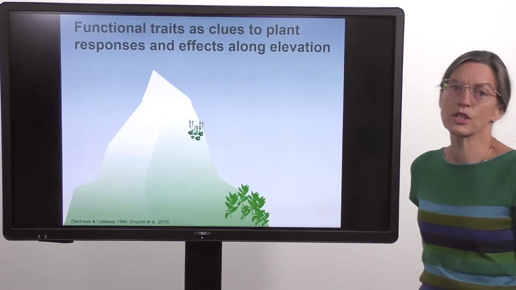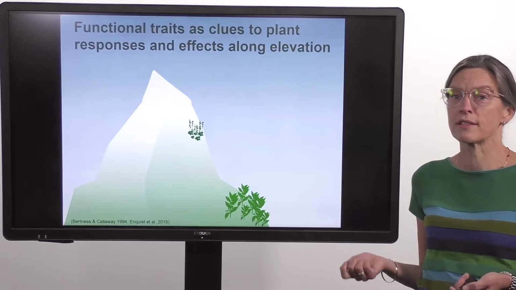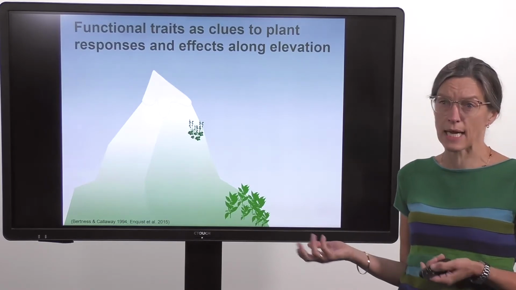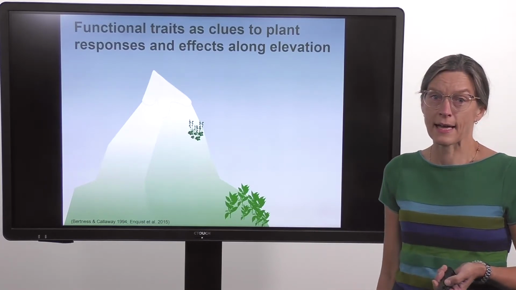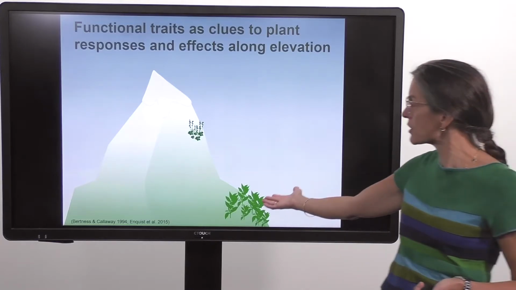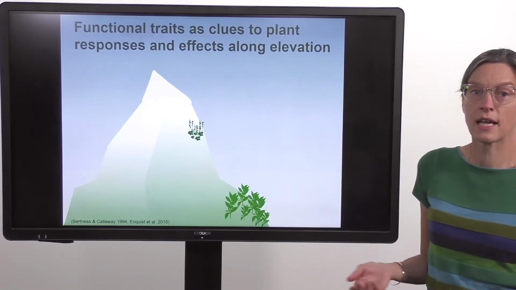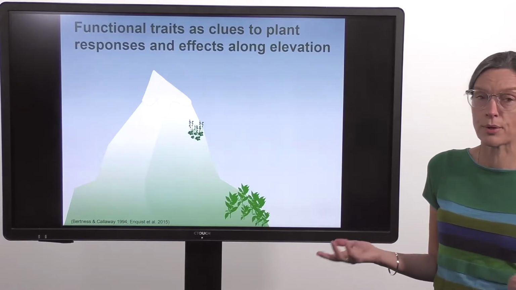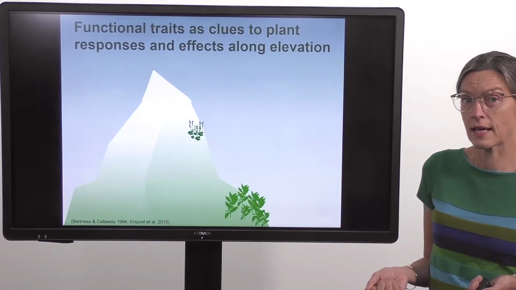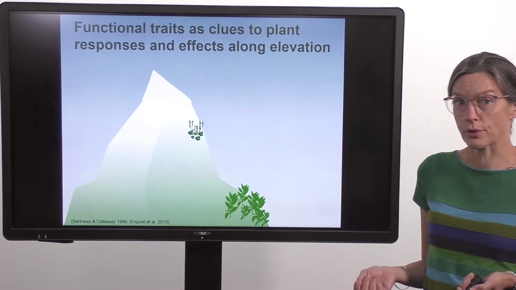Now, but as Humboldt, we also want to understand the processes along these gradients and what actually shapes these communities. And so how do community assembly and ecosystem processes vary along these gradients? And we used a trait-based approach to do this.